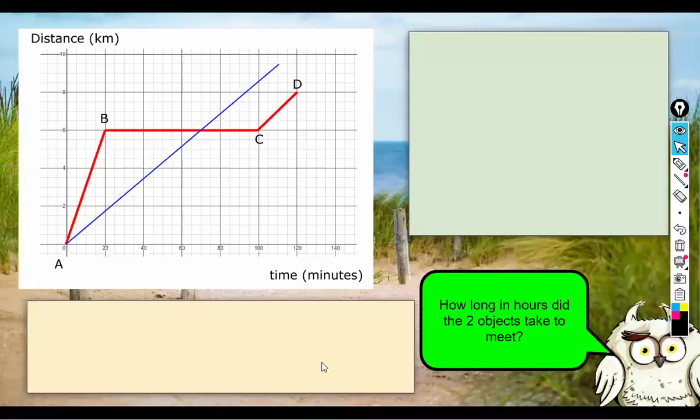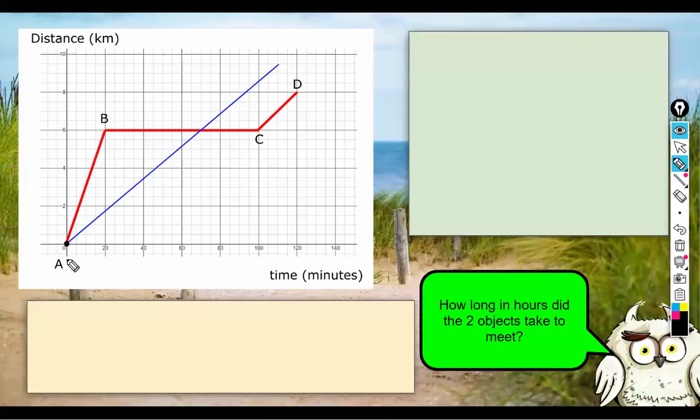All right, so answers are coming up. Now, the distance is being measured, but the experiment or race started at point A. So this graph is representing the distance of both objects: one represented by a red graph and another by a blue graph.